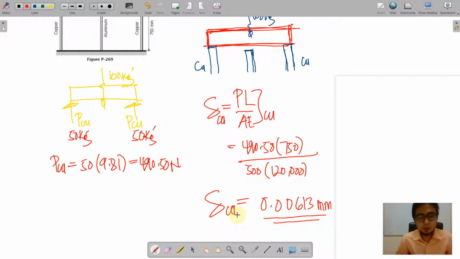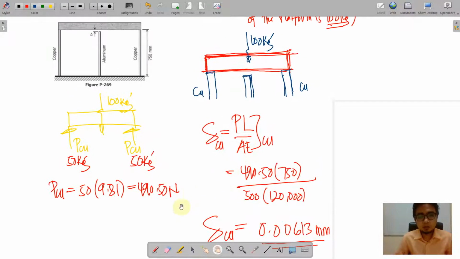So if we're going to set that the copper will have no stress, of course we will let an elongation for the aluminum exceed this deformation.